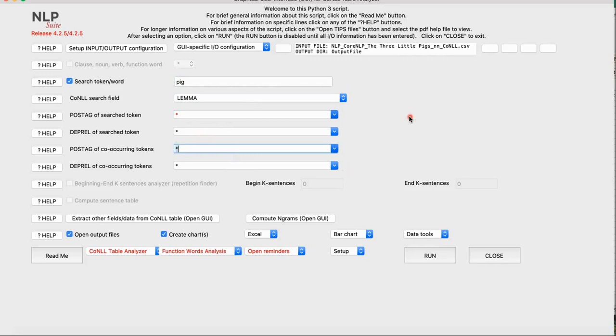So for example, if I run the search for the word pig in the 3 Little Pigs file, we can see which words co-occur with the word pig. We can also see which POS tags co-occur with it, and which dependency roles co-occur with it. Basically, what this tool does is produce CSV files which show us the frequency distribution of all these co-occurrences.